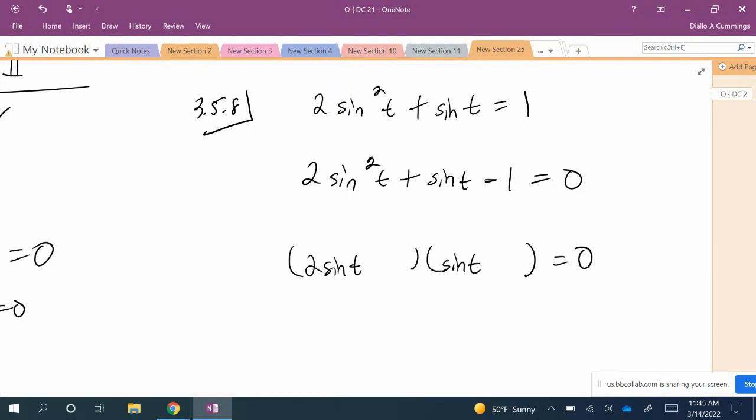So keep in mind, we're actually doing a reverse FOIL method, which means that if we were to multiply our first terms, right, we should get the first term in our trinomial. So 2 sine t times another sine t is 2 sine squared t.